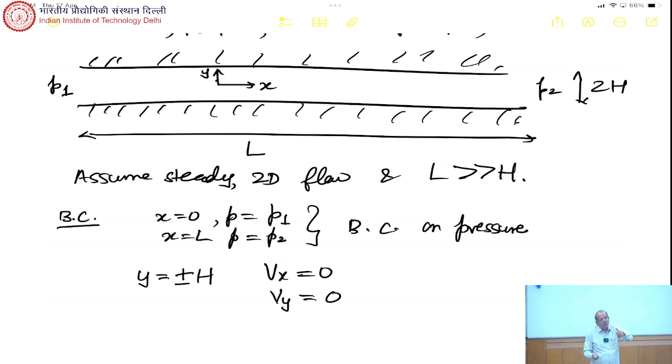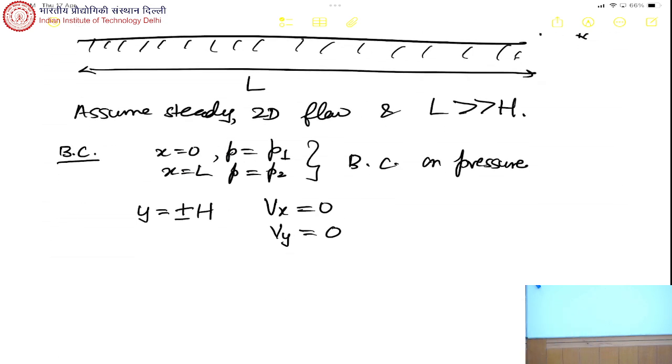Vx is 0 because of the no slip boundary condition. So if these were porous walls, Vx would still have been 0, Vy would not be 0. It would have to be specified by the pore flow rate or whatever. Okay. So this is the type of things which you have to see in the boundary condition. There may be different boundary conditions in different problems.